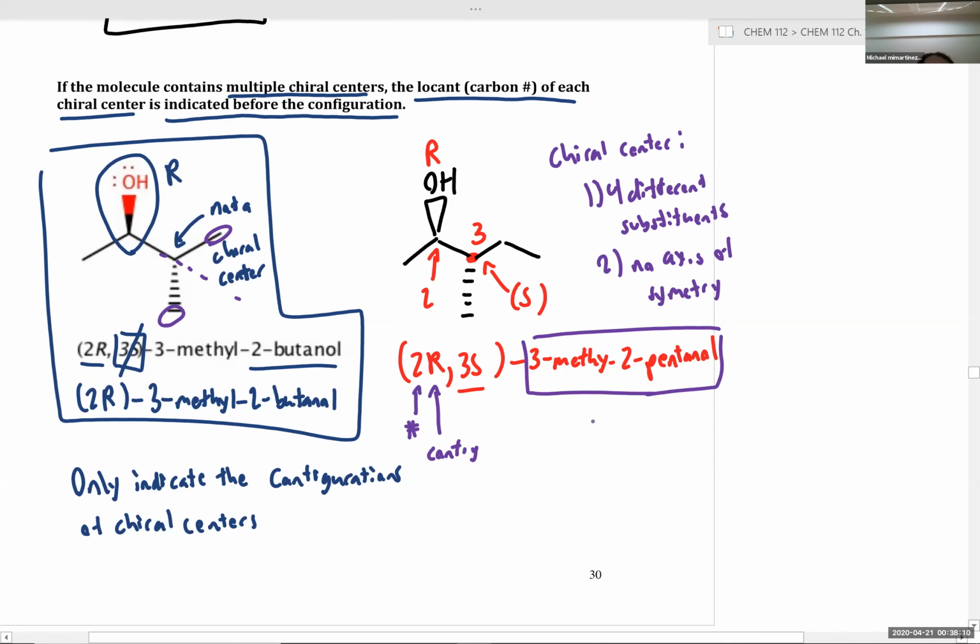This is just the name of the molecule exactly as we've done before. The only thing new with the introduction of chirality is that the reason it's pentanol in the second example is so that we have an ethyl group and a methyl group. And because the substituents are different, now carbon number 3 is chiral.